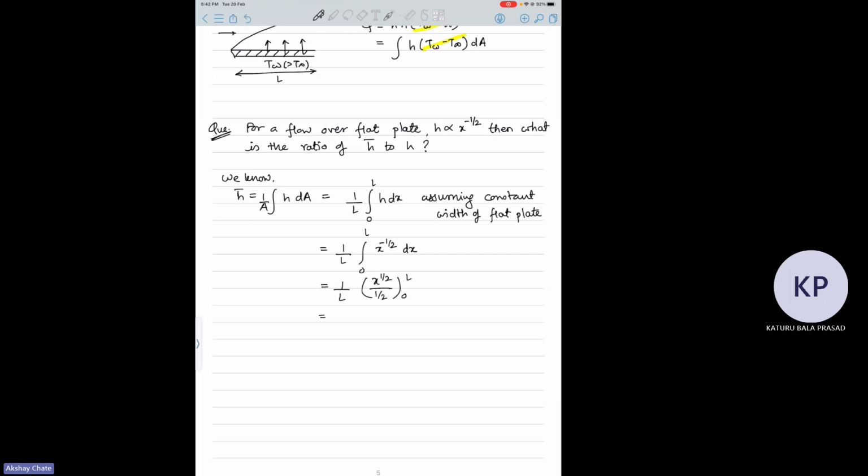Actually, we should put some proportionality constant, right? Because this is proportional, so there will be some constant c. It's a constant, so it will come out of the integration.